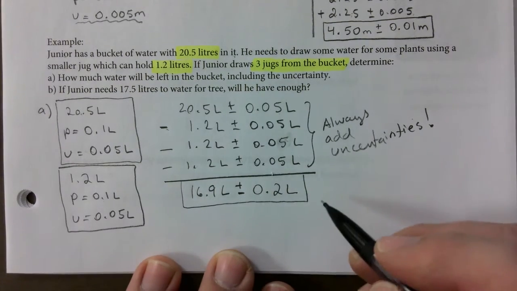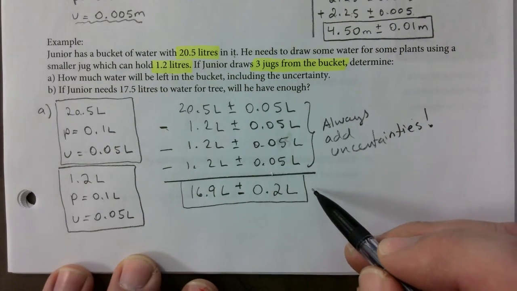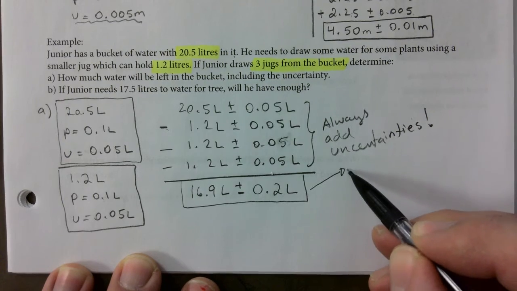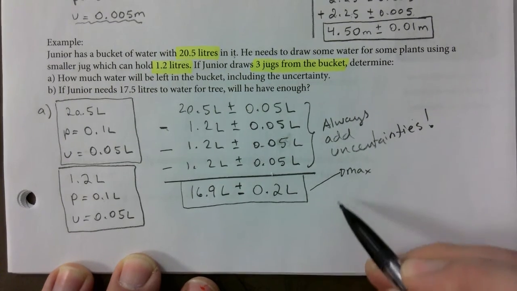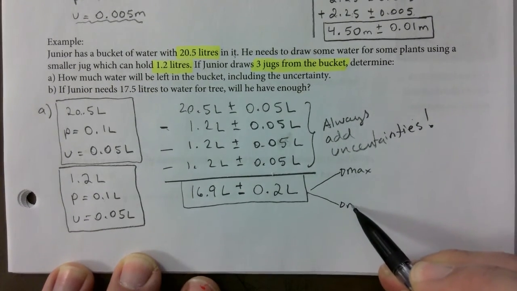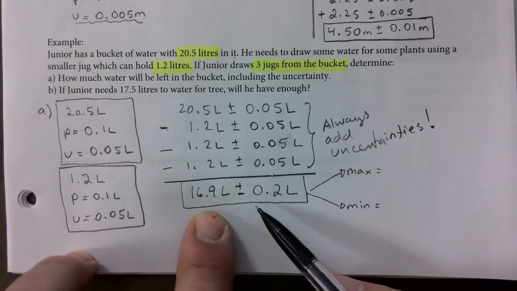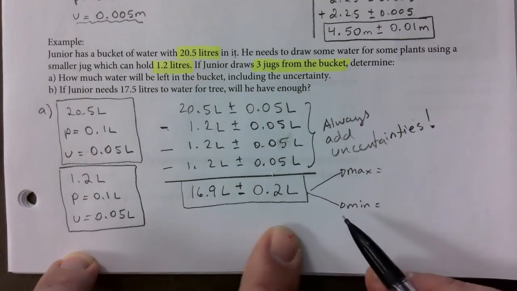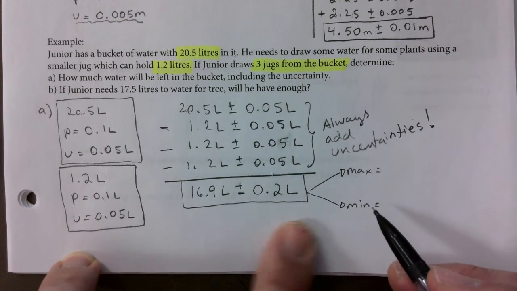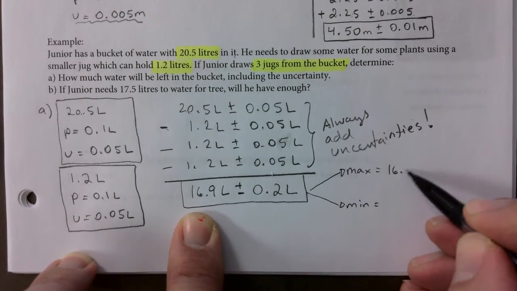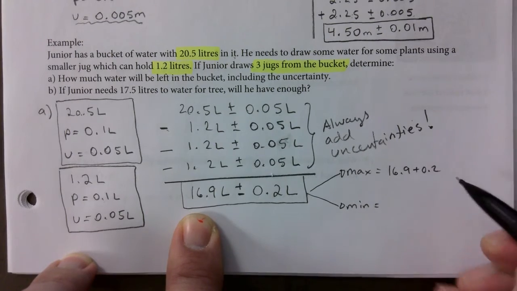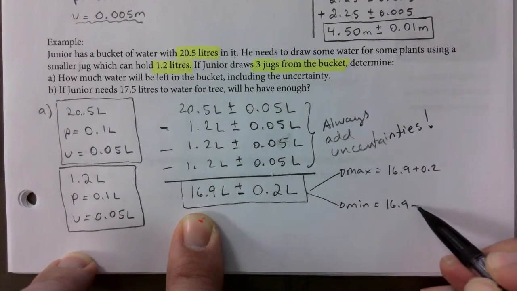It doesn't ask us, but I'm going to do it anyways. From here, we can get the max, and we can get our min. What's the most you can have in the bucket? What's the least amount you can have in the bucket? That's what this is saying. 16.9 plus 0.2, 16.9 minus 0.2.